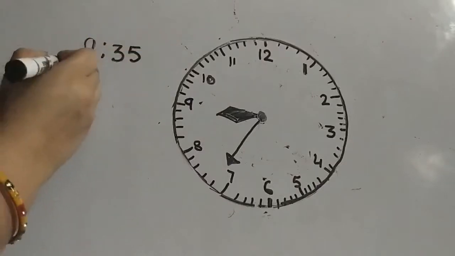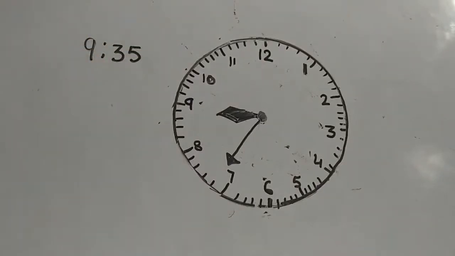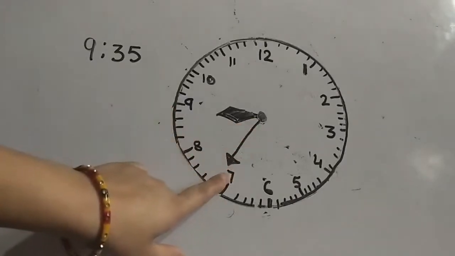Now the next situation, we'll write it as 9:35. In words, here we have to keep 2 points in mind. When the minute hand is before 6, we read it as past. When the minute hand is after 6, we read it as to next. Now see, our minute hand is on 7.